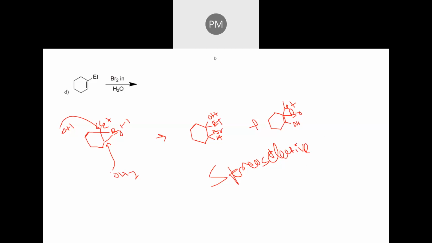Now we are going to the last example. The last example has lithium aluminum hydride present here. I know that any carbonyl or any ester is reduced by lithium aluminum hydride to give the product.